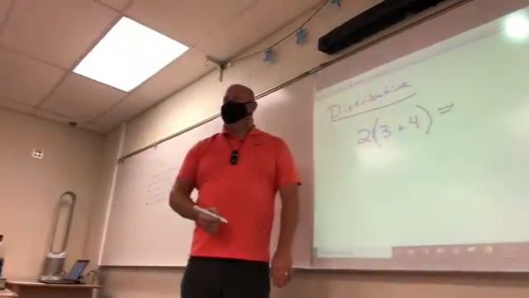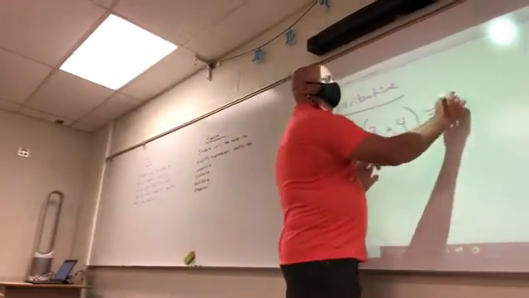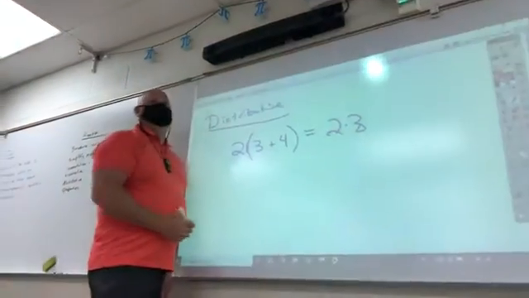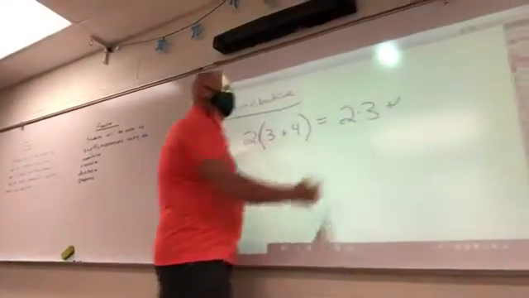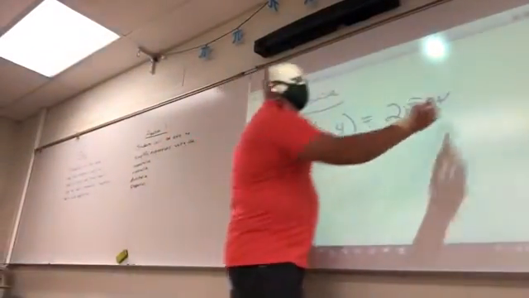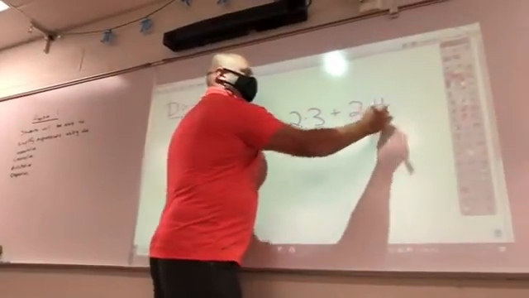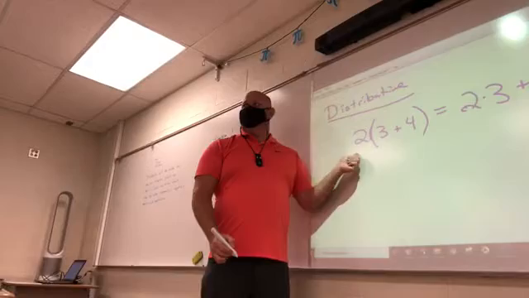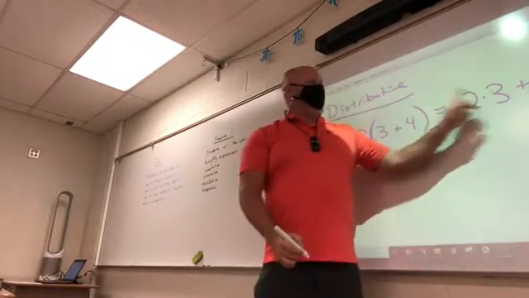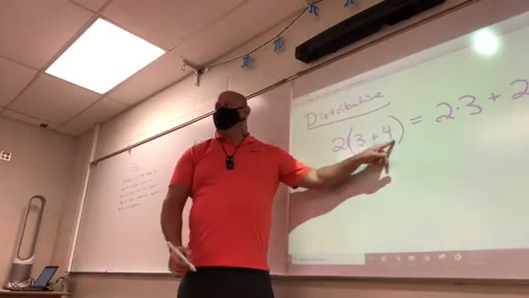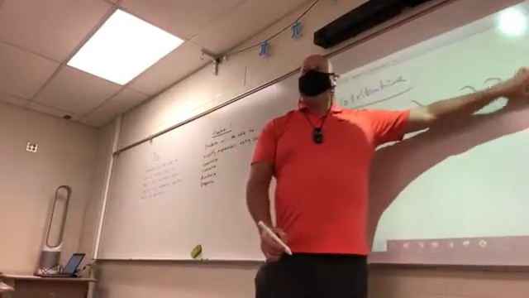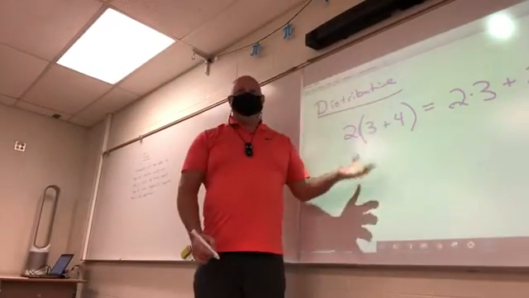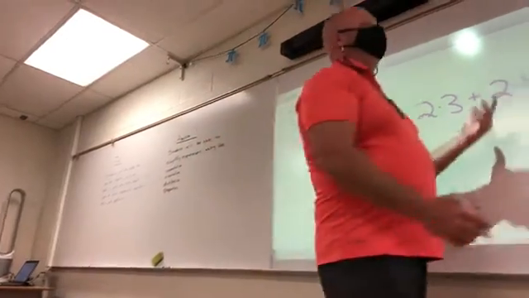I could do 2 times 3 and 2 times 4, and then I can add those together. So I could add them first and then multiply, or I could multiply each term and then add, right? Either way will work.